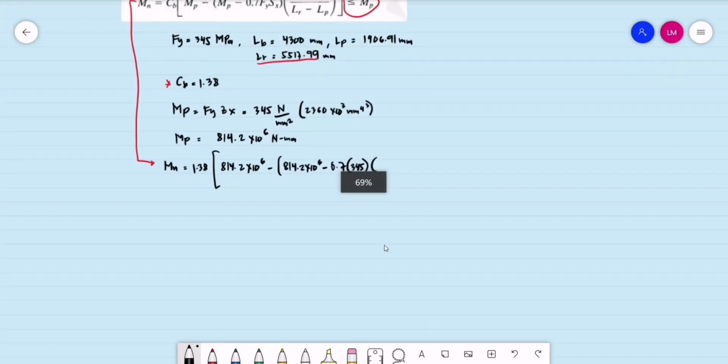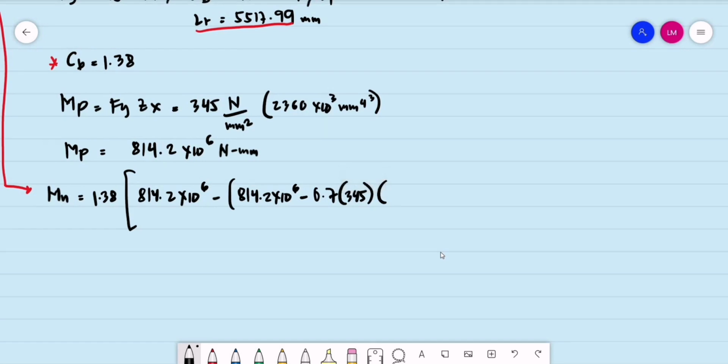Okay, so S sub X is equal to 2080 times 10 raised to 3.